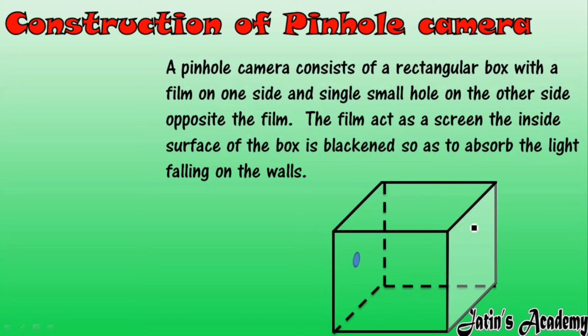This film acts as a screen inside the box, and this box is blackened inside. All the surfaces or all the sides of the whole rectangle are blackened. Why is it blackened? Whatsoever light radiations enter into the rectangle are absorbed, and whatsoever image is there, that image is going to form on the screen.